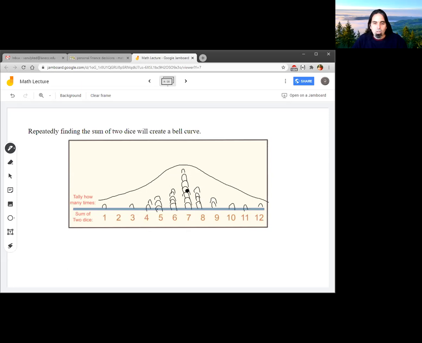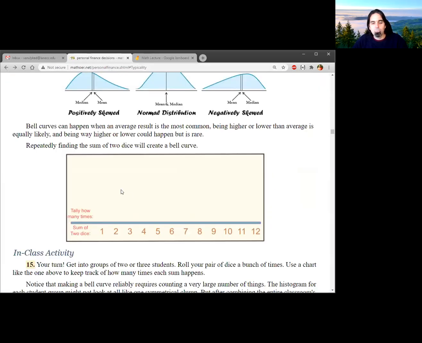But once I combine all of the students together and get a big enough sample, then it will always look like this. Similarly, if one student rolled pairs of dice and added them together for more than just a minute, they would get a nice overall curve like that. But it takes a while. It takes a lot of rolling.